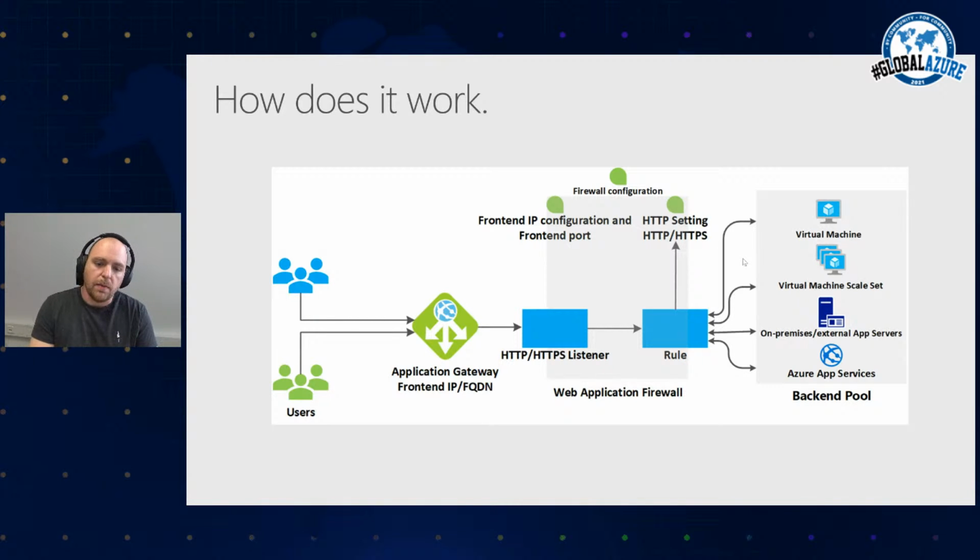Exposed to the public is everything through those listeners. So you can define a lot of different listeners, some HTTP, some HTTPS, and configure them. And that basically defines what the public can see of your services, of your service structure internally. And then it depends if you have the web application firewall activated or not.